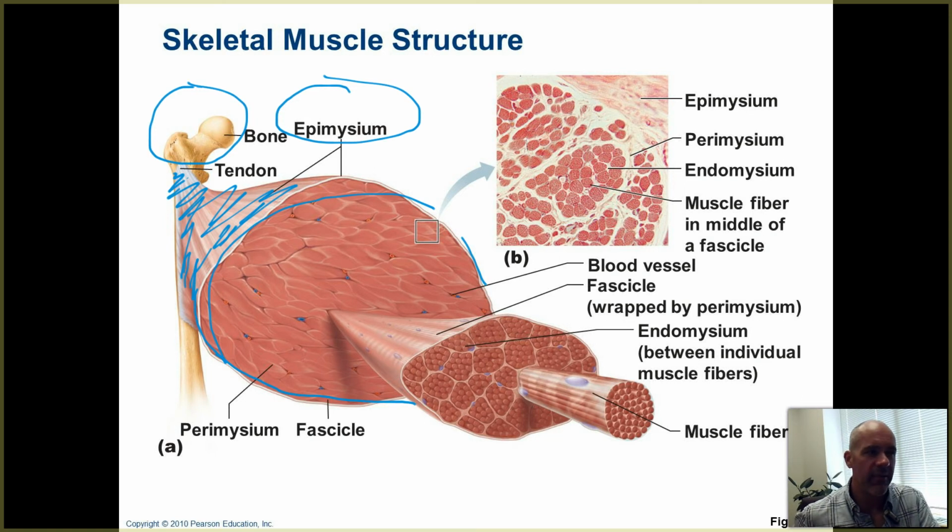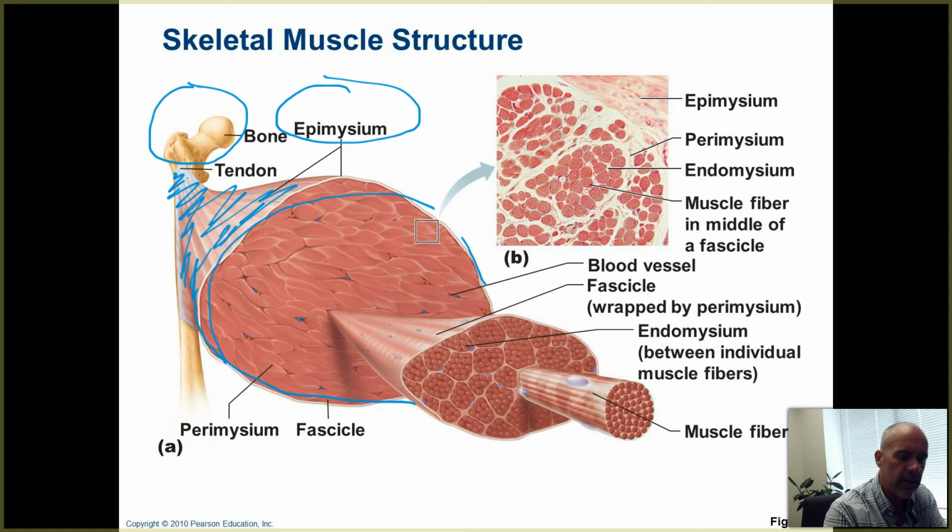And that's continuous with, or blends in with, the periosteum. Remember, your dense, irregular connective tissue covering around the outsides of your bones. Those types of things blend together. So that's one of the things that helps hold skeletal muscles to your bones.